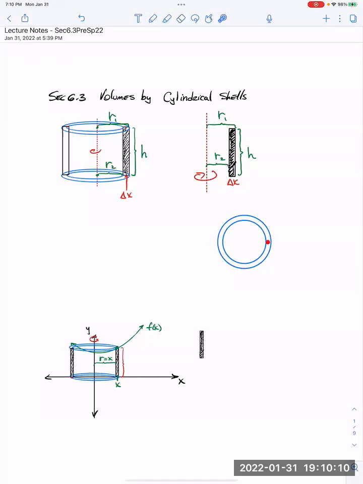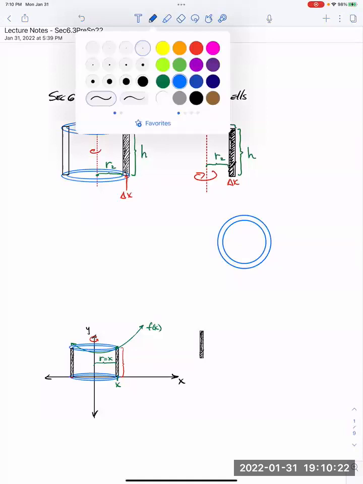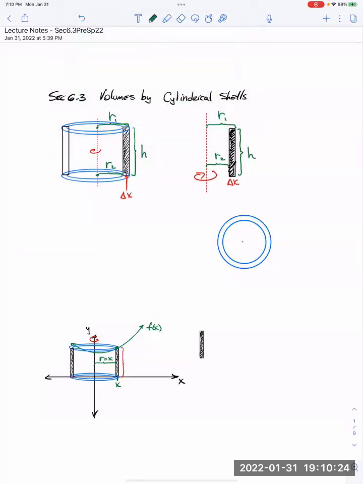And what's this distance across here? Can anybody tell me? Yeah, that's delta x, correct? And the larger r that I was talking about, which we called R1, runs to that outer edge, right? That's R1, and over here would be R2.